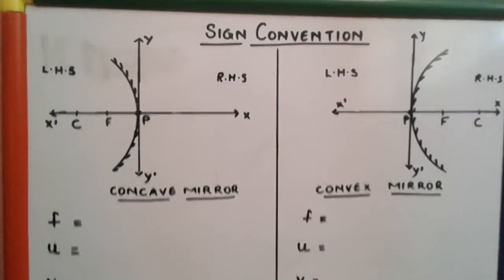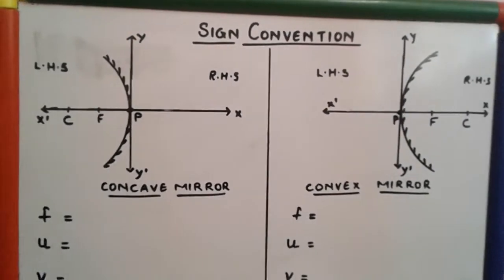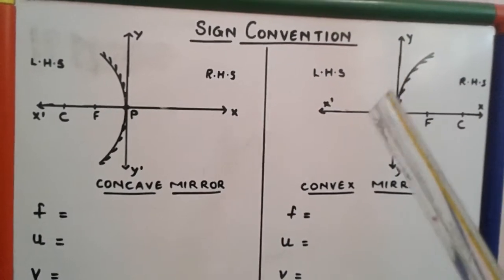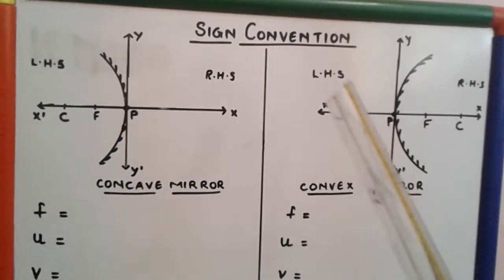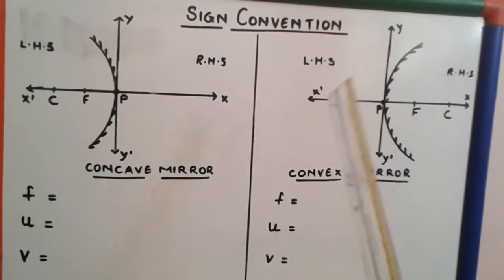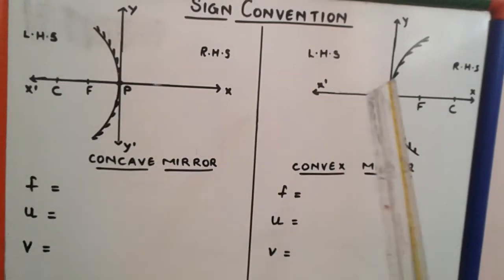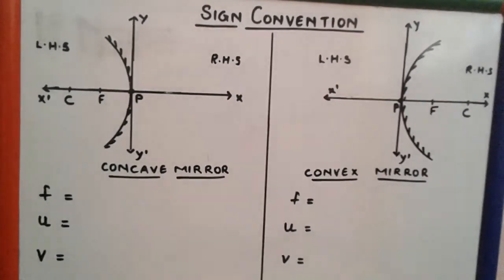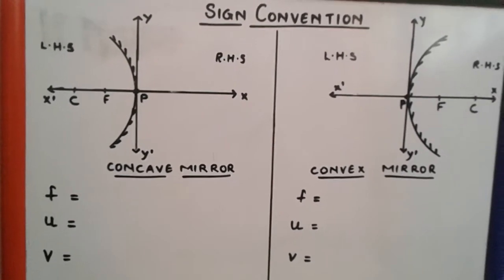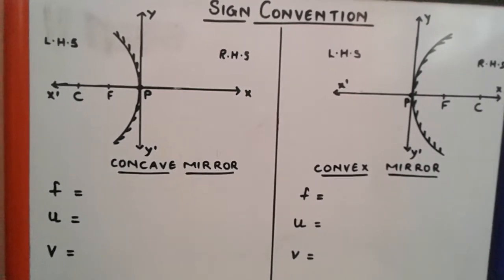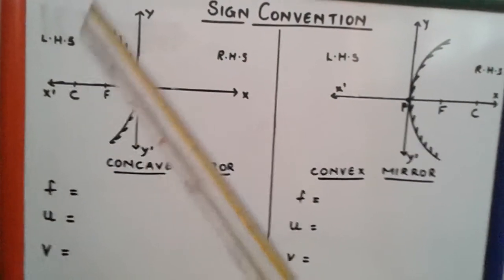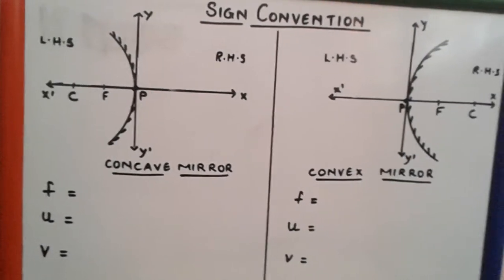The thing you have to note here is that the reflecting surfaces of both mirrors are pointing toward the left hand side. It means that the object is also going to be placed in front of the mirror, of course, in order to form the image, and therefore if the reflecting surface is facing the left hand side, the object also has to be placed on the left hand side.